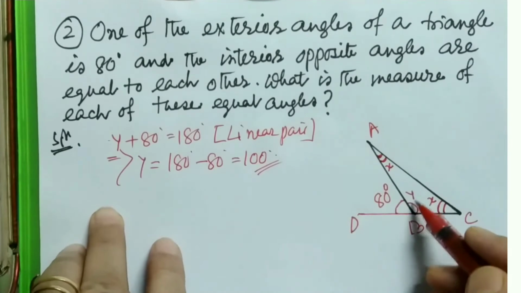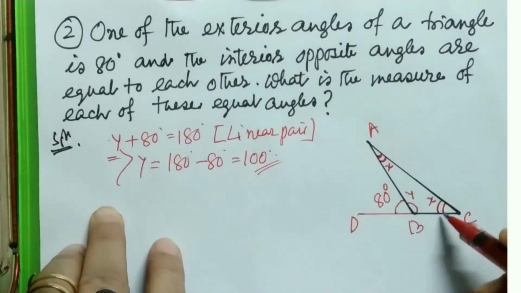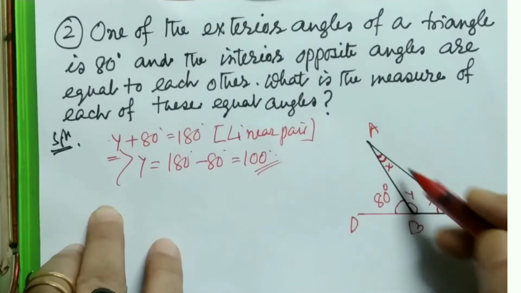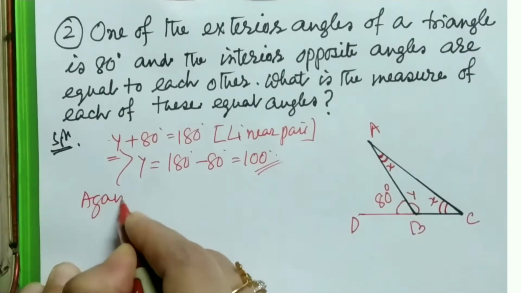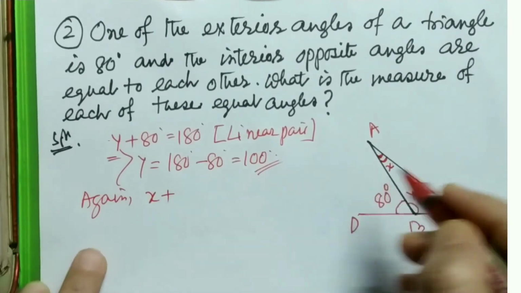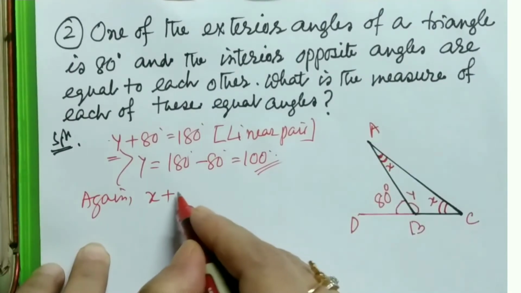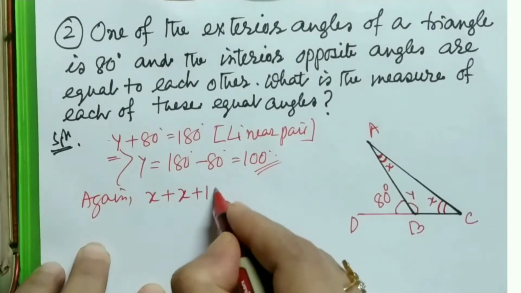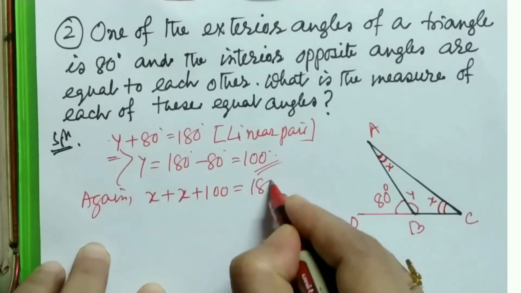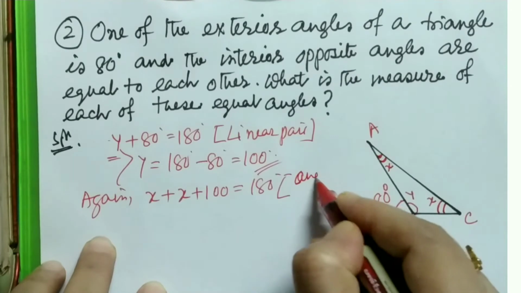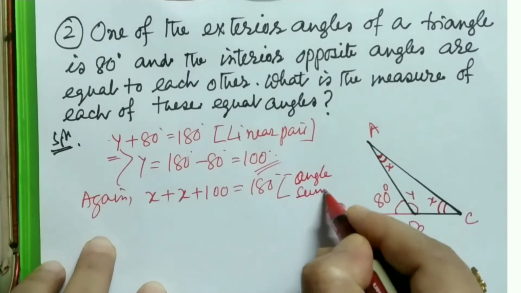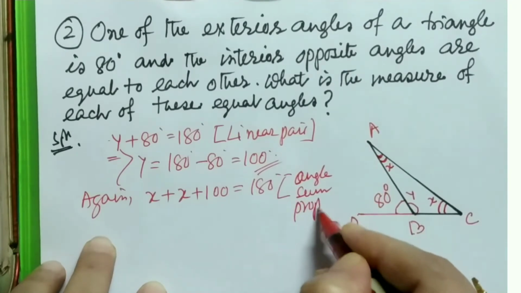Now in this triangle, value of Y is 100, and each of these two angles measures X. Again, from this triangle ABC, X plus X plus 100 is equal to how much? 180, because this is angle sum property. Angle sum property, sum of three angles is 180 degrees.